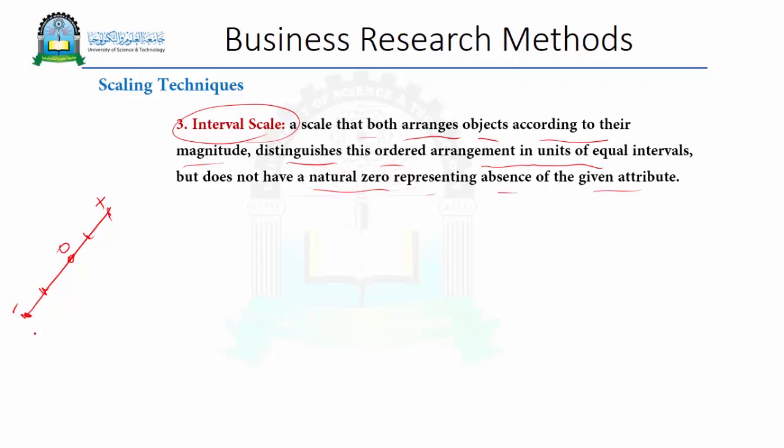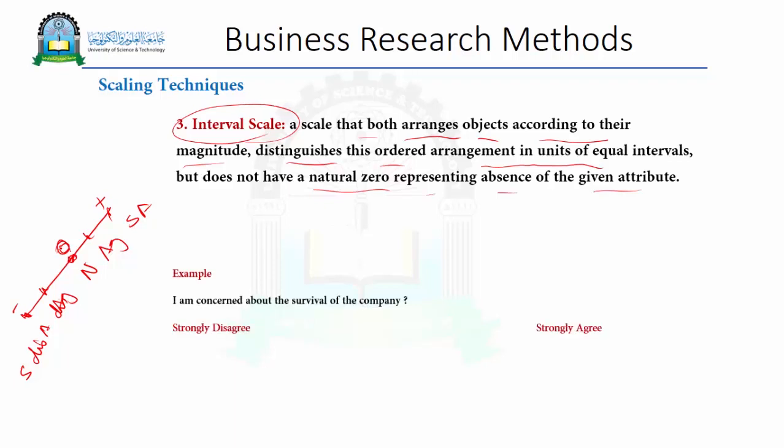Suppose we start here strongly disagree, and here disagree, and here neutral, and here agree, then here strongly agree. So it is from negative to positive, and at the middle it is the neutral or I do not choose, which is represented statistically as 0.